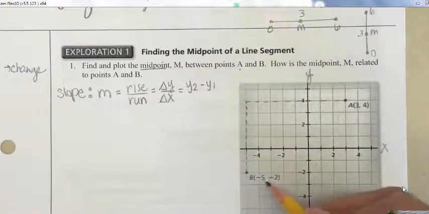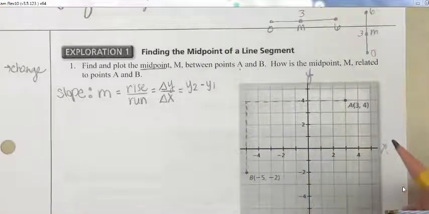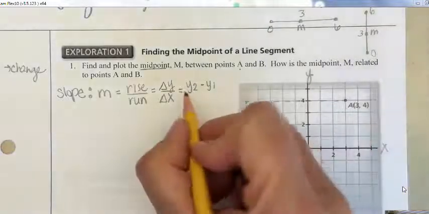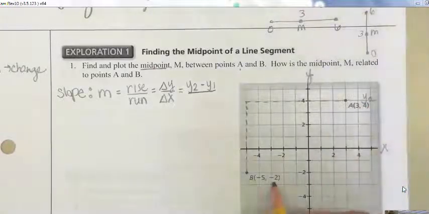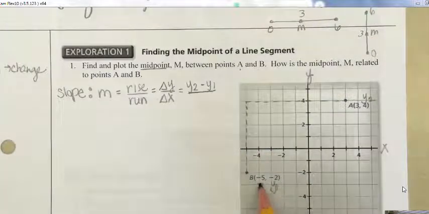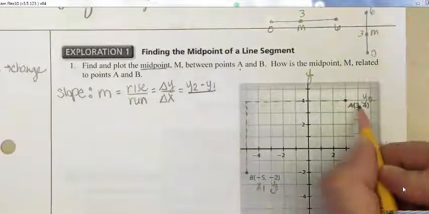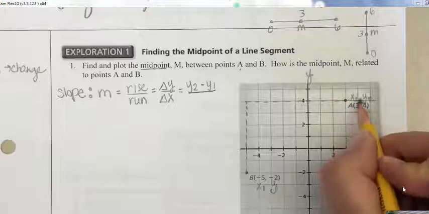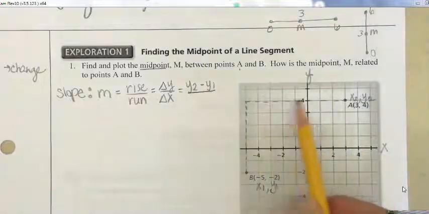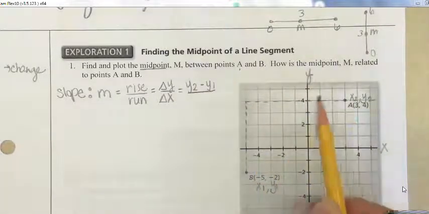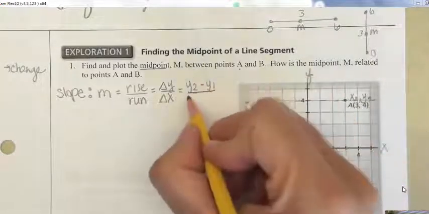It doesn't matter which one you call which. You just have to be really consistent with that. So, for example, if I call this y2 and I call this y1, then I would have to call this one x1, and this point would involve x2. So the subscript should be the same. I would do the same thing with my x values, so that way I can find the middle of it.